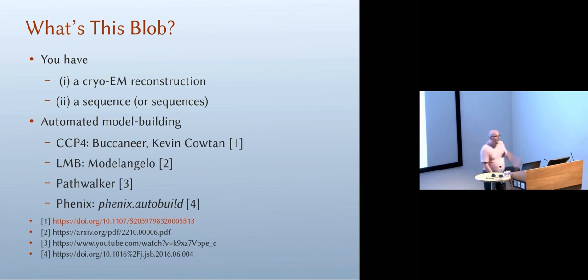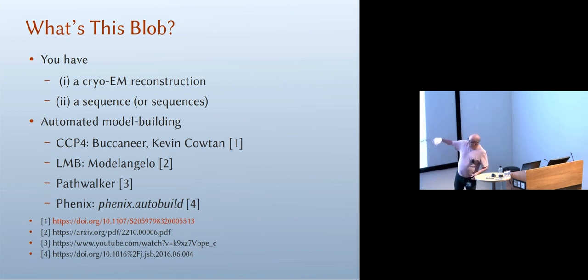Okay, so with that out of the way, one of the first of these problem domains is, what's this blob? You have a cryo-EM reconstruction and a sequence, or a set of sequences. To address this, there are automated methods. In the CCP4 suite, we have Buccaneer, written by Kevin Cowtan.